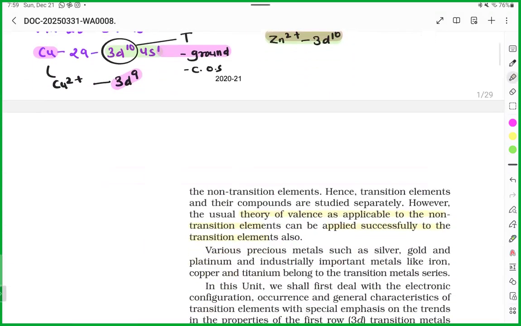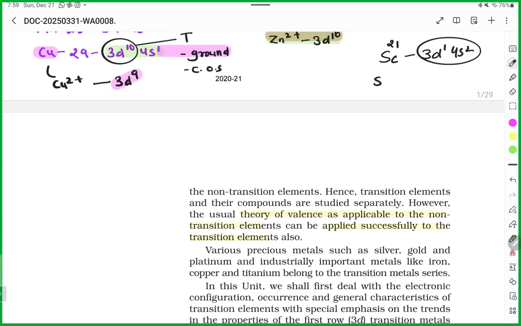Sir, in some oxidation states d0 and 4s0 also. No, then you have to see whether it belongs to the d block. If it is d block, for example, scandium. Scandium is 3d1 4s2, right? Because atomic number 21, argon 18, and the remaining 3.